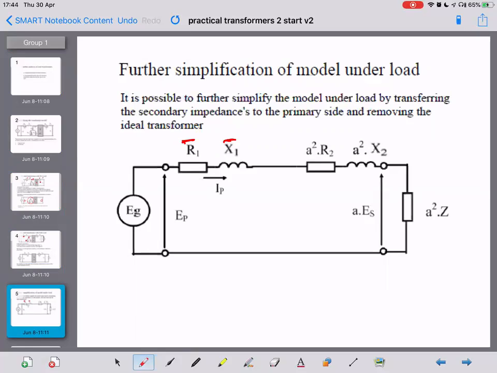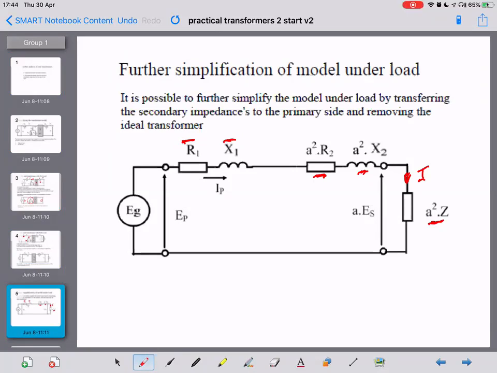So we've multiplied R2 by A squared, we've multiplied X2 by A squared, we've multiplied the load by A squared, transferred them all to the primary, and our voltage here is A times E secondary.